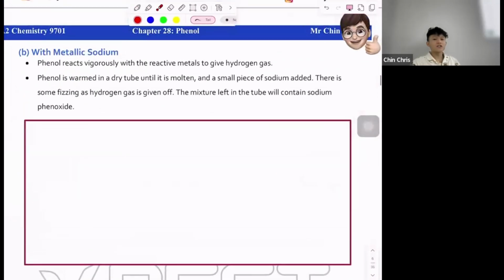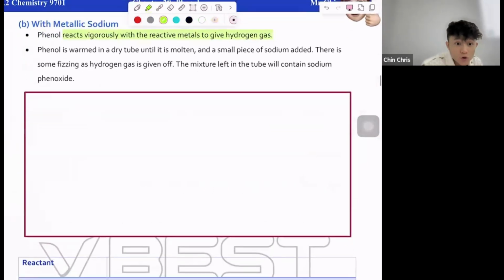Alright, guys, now let's look at the second reaction with metallic sodium. Highlight the words react vigorously with a reactive metal to give hydrogen gas.